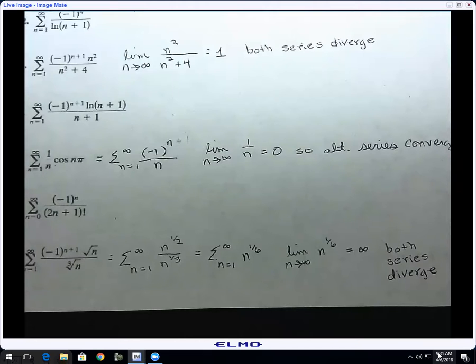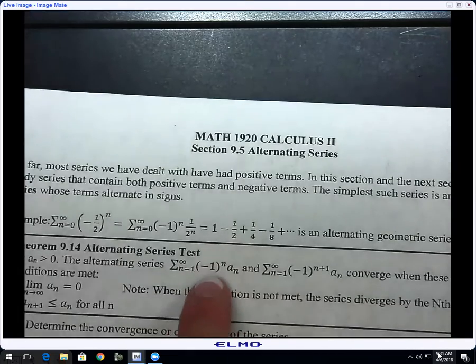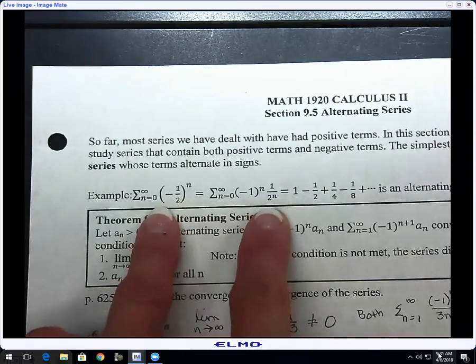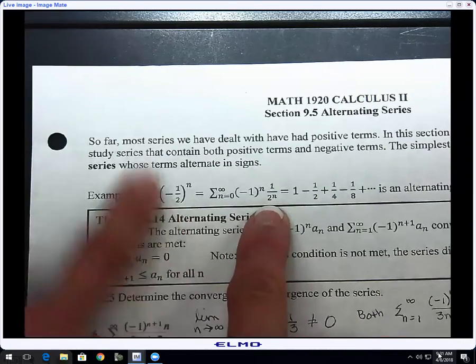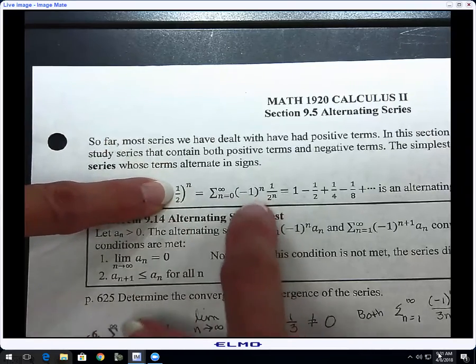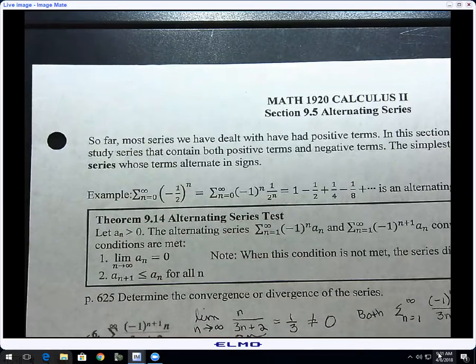Have you flipped the paper over yet, or does that just occur to you? Just looking at the top to get rid of the negative parts of the absolute value. Yes, and that's fixing to be very important. On the back of the page, these two series right here, no, that wouldn't be true. Without the minus there, this is just the absolute value of that. So when you take the absolute value of an alternating series, it ceases to be an alternating series because all the terms are going to be positive.